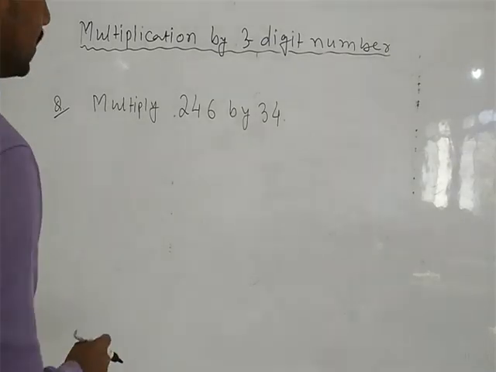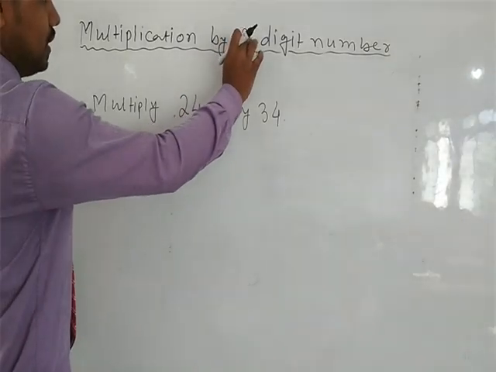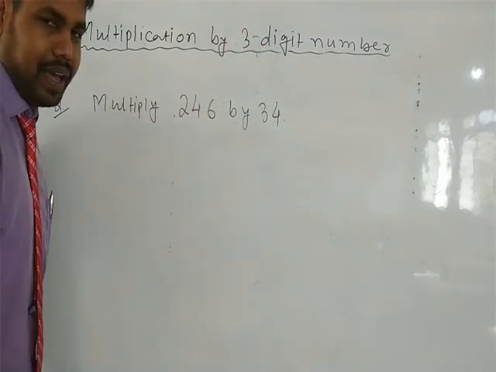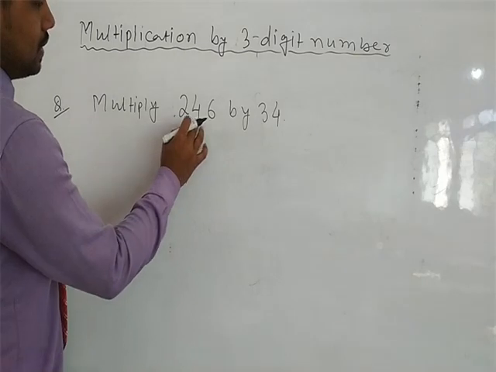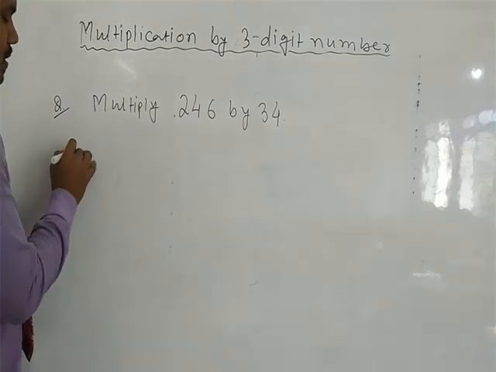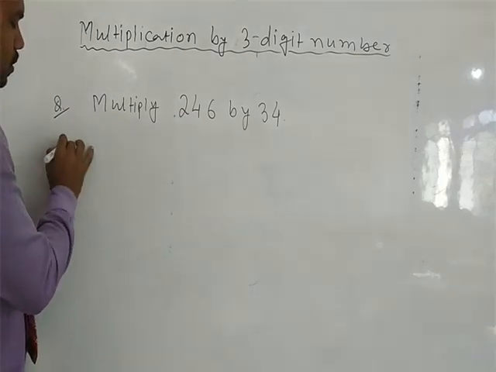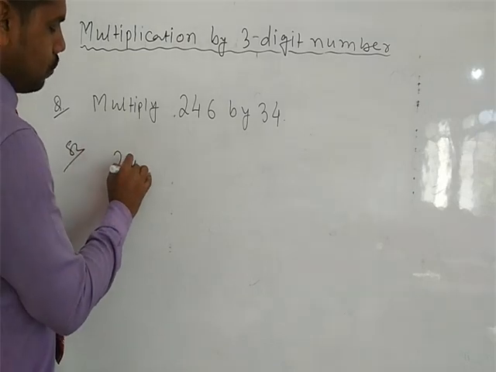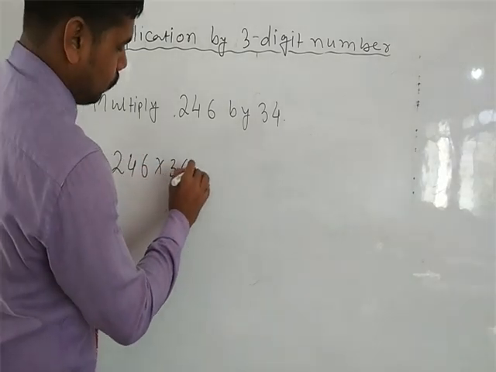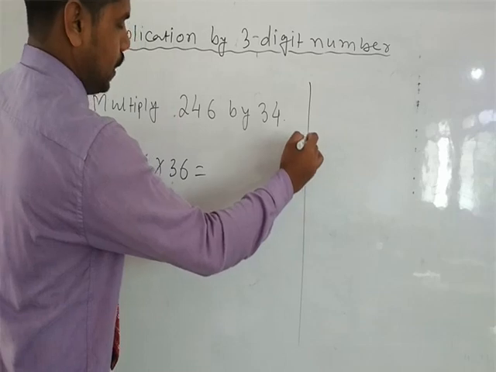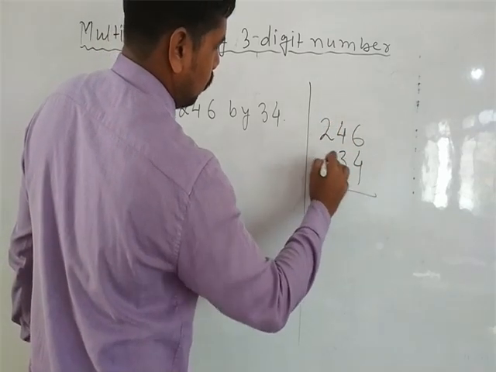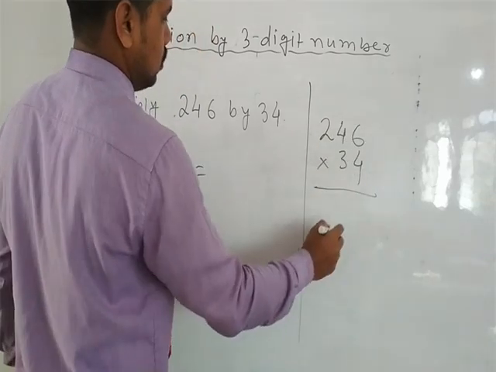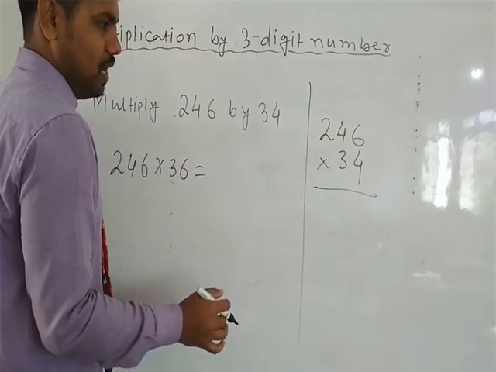Multiplication by 3-digit number. Multiplication by 3-digit number is also the same as the multiplication by 2-digit number. So here as like two numbers are given. So let's see the answer. Okay, so 246 multiply 34 is equal to how much? Here we will say 246 multiply 34. Okay, so 4 6s are first. In case of multiplication, what we used to do?